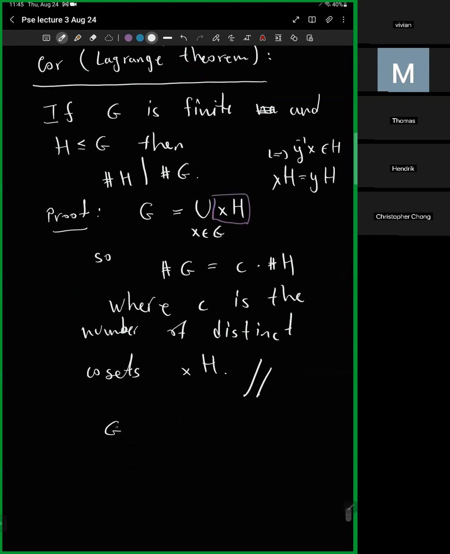If G is a group, then first of all, G in itself is always a subgroup, and also the set with only the unit element is also a subgroup. These are called trivial subgroups.